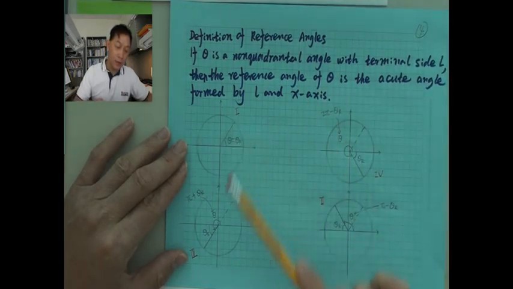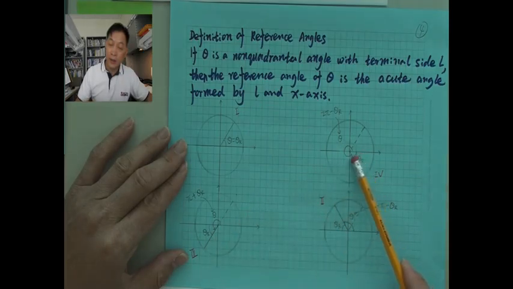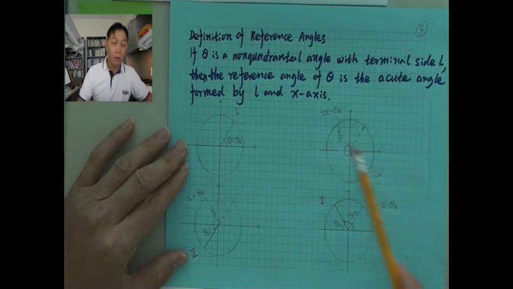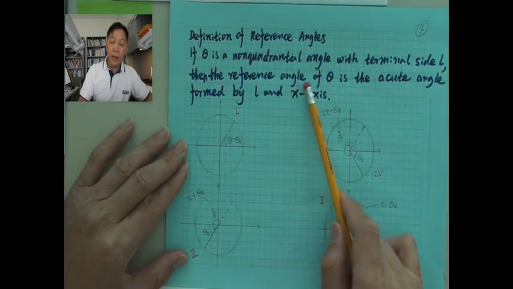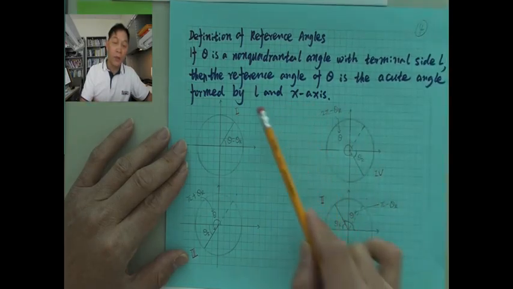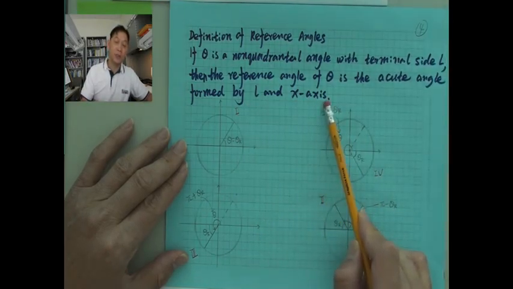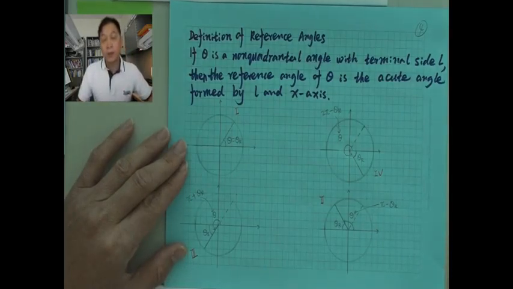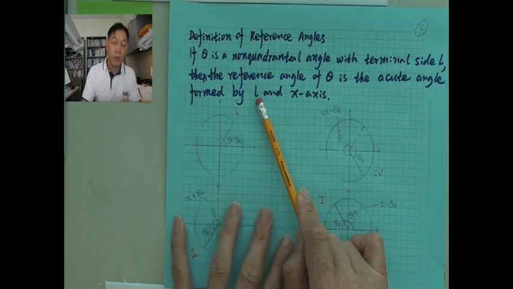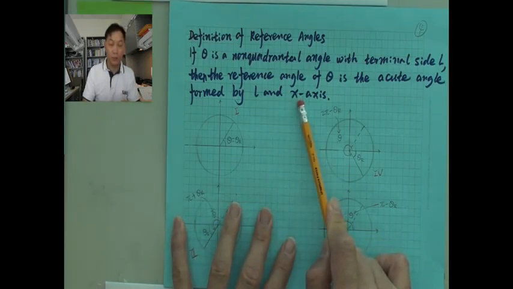They are not on any axis. Then the reference angle of theta is the acute angle formed by L and the x-axis. So that's actually between L, the terminal side, and x.